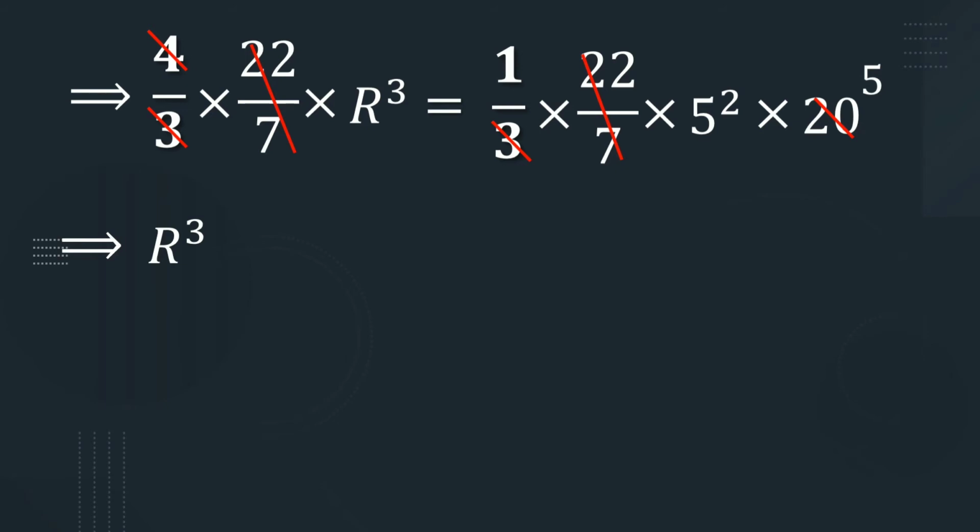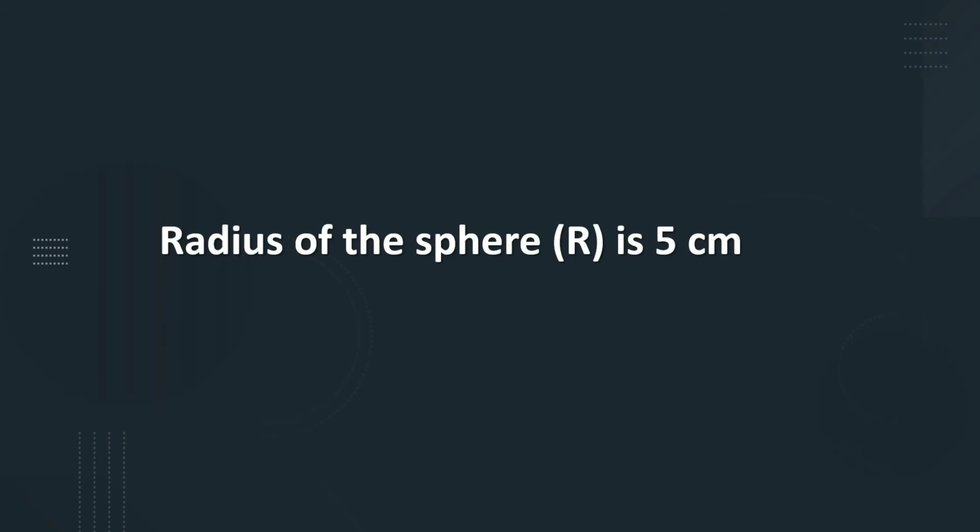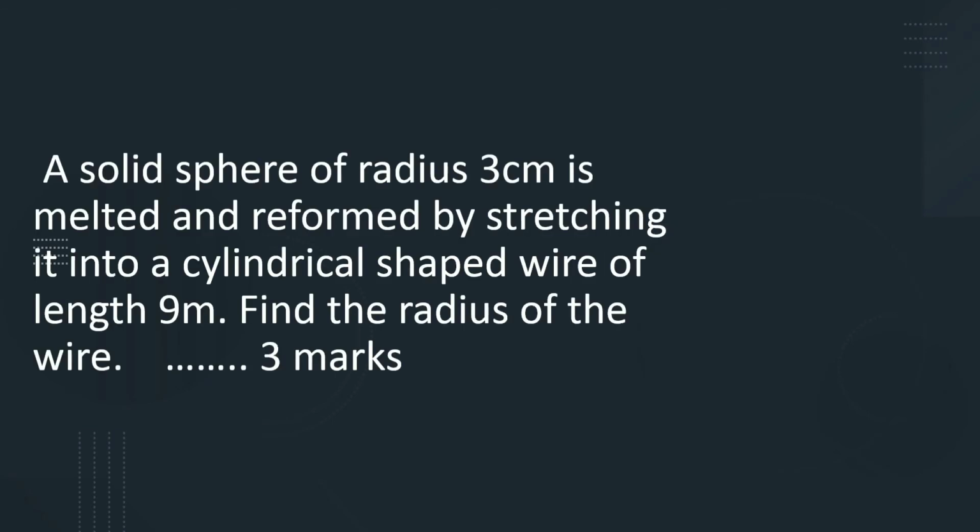Since both are in numerator, we can cancel. So r cube is equal to 5 square into 5. So r cube is equal to 5 cube. So r is equal to cube root of 5 cube, that is equal to 5. So radius of the sphere R is 5 centimeter.